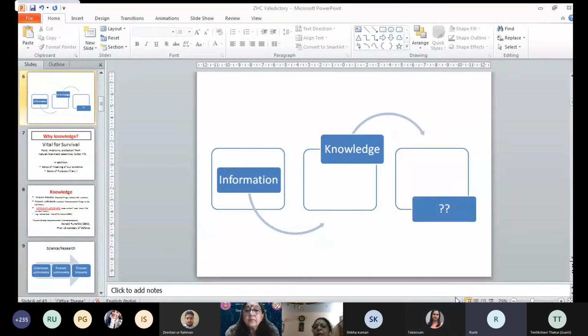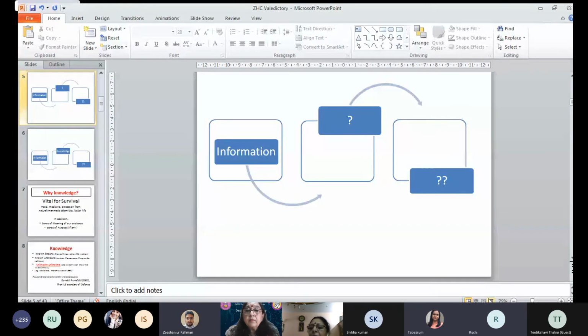I'm in the slideshow mode, so I can't see it. I know this happens. I don't know why. Okay, it's fine. The slides are moving. Please tell me whenever there is a problem.